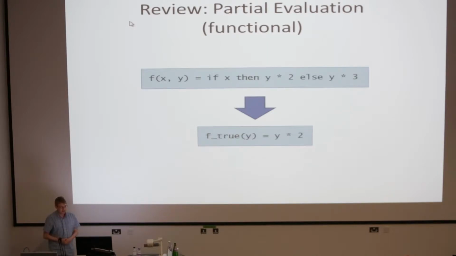It was all about taking functions and then taking some things we think we know about how they're going to be used. Typically, in the case of functional languages, that would be the value of some direct parameter, and producing specialized variants of functions according to that. So here we've got a really, really simple case of a function which takes 2 parameters and a specialized variant that knows the value of x but not the value of y. That's basically all we're doing.